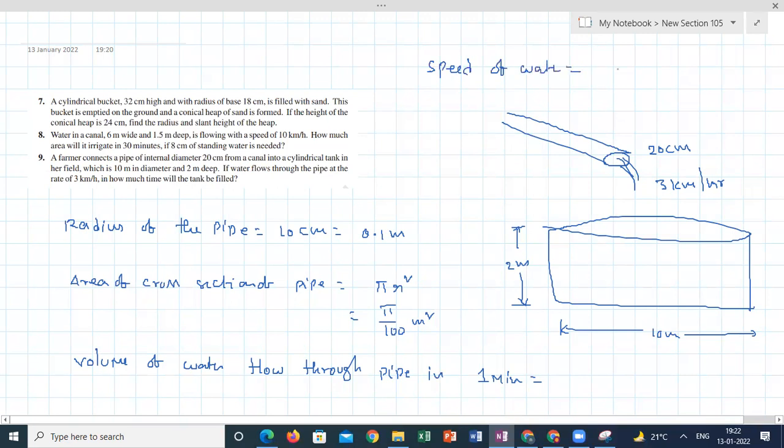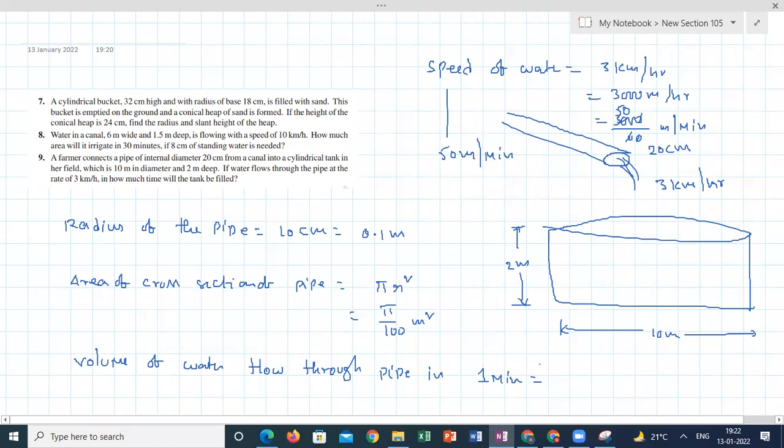Speed of the water is 3 km per hour, that is 3000 meter per hour, that is 3000 by 60, which is 50 meter per minute. Standard unit, because he is asking how much time, we are calculating the answer also in minute.